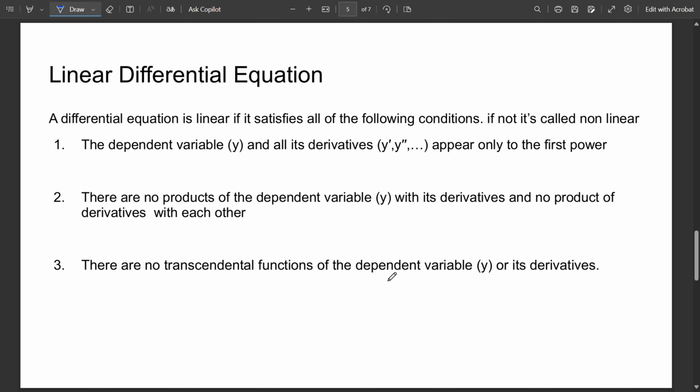Linear. The differential equation is linear if it satisfies all the following conditions. If it's not, it's called nonlinear. First, the dependent variable y and all its derivatives, y prime, y double prime, and so on, appear only to the first power. So let's say we have y double prime plus y prime plus y equals 0.